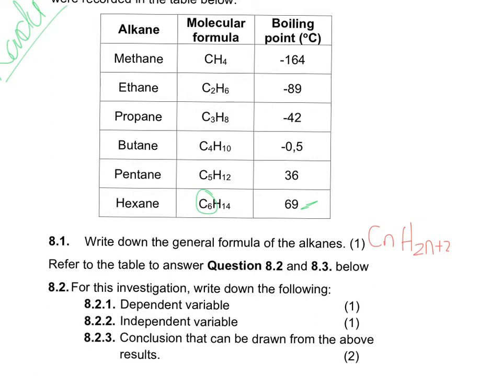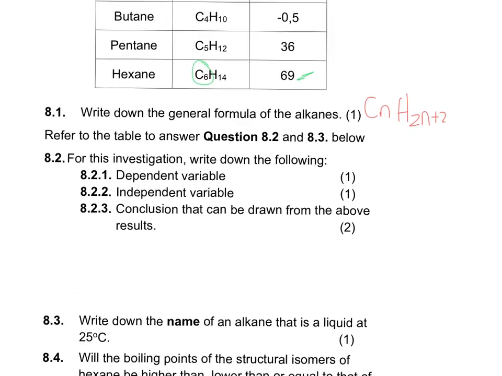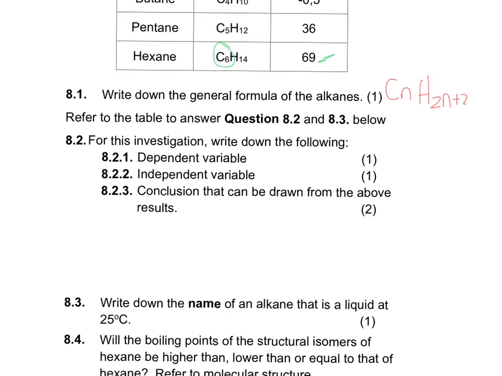8.2: dependent variable, independent variable, and the conclusion. It doesn't matter if you've never seen this theory before, because you can get it from the table. The dependent variable is the one we measure.